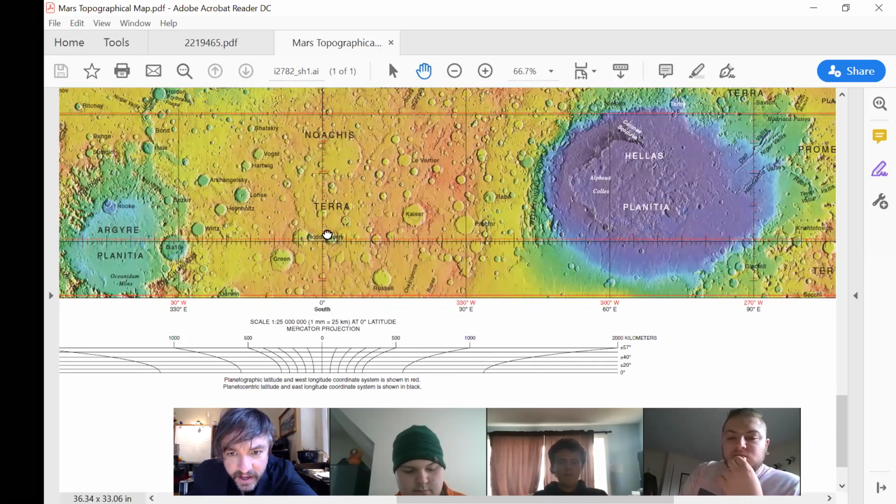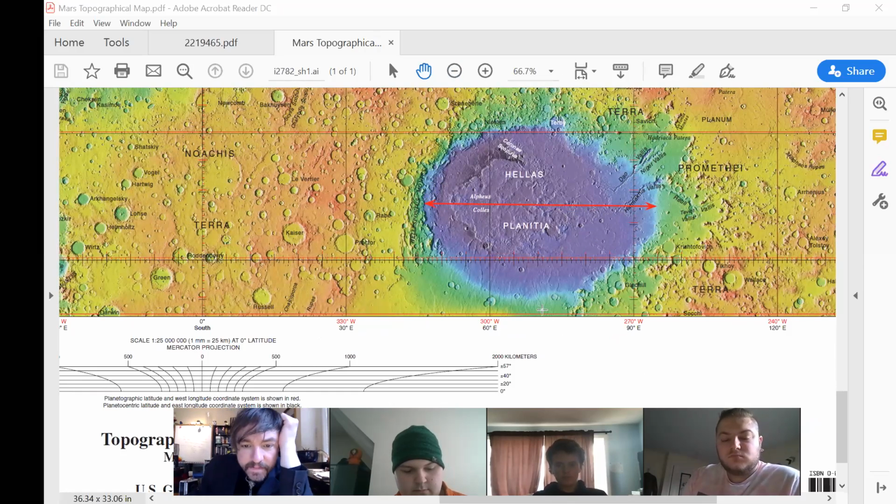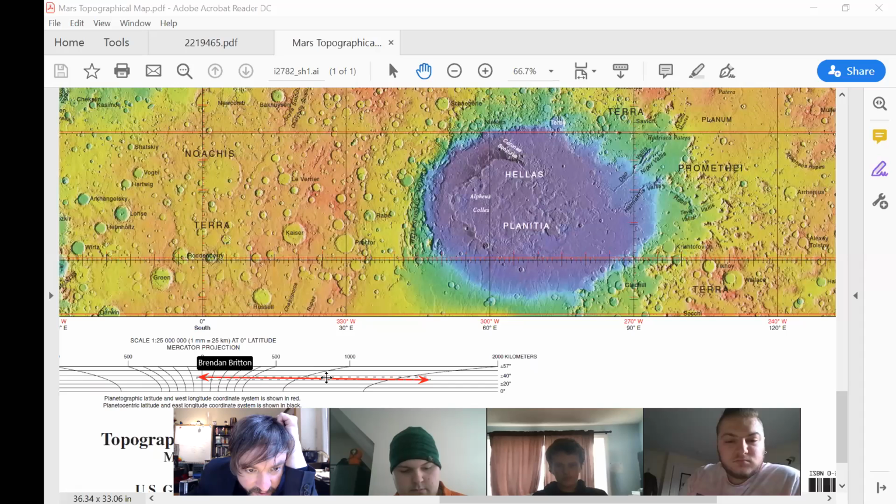So let's measure the size of the Hellas Planitia. Then let's put it over the Mercator projection of that same size. So here, start here. That's about the size of this beast. And now let's select it. Watch this tricky Ricky maneuver. Let's move it down to there.